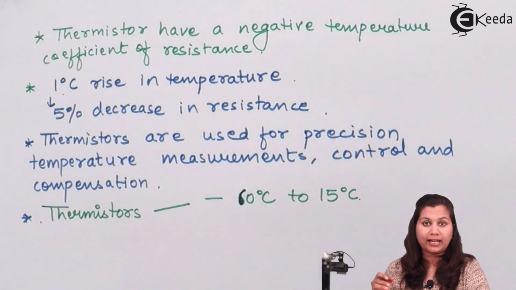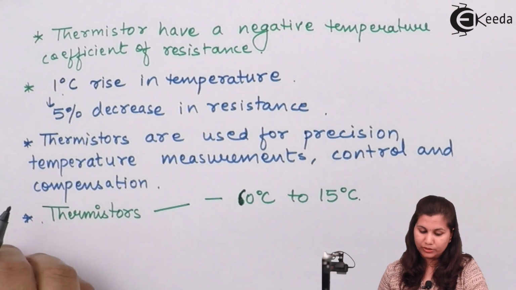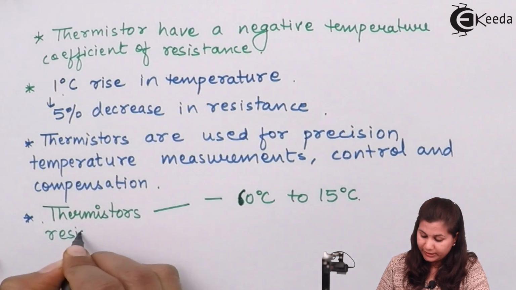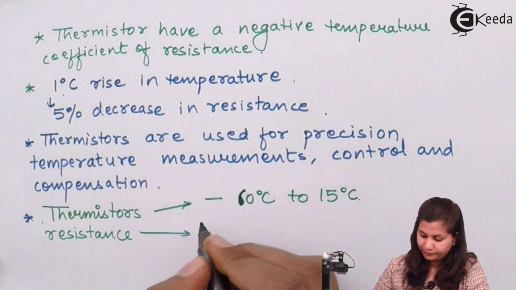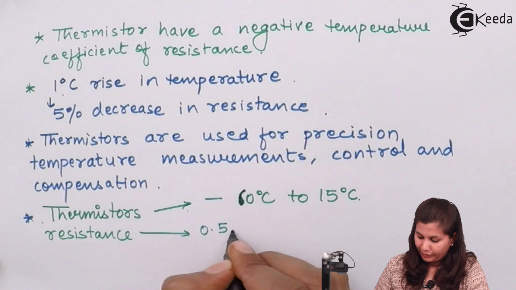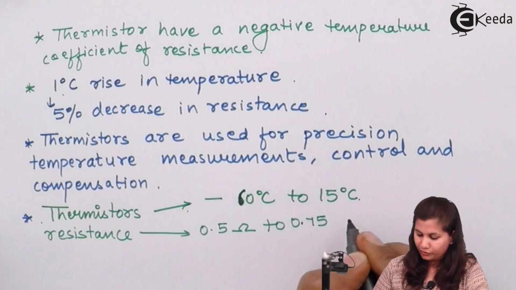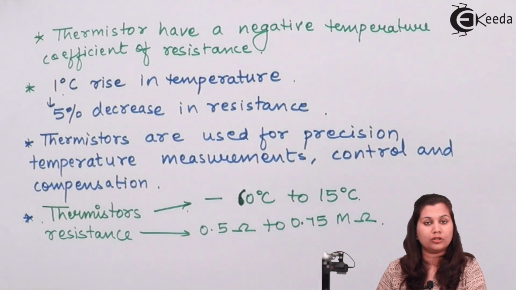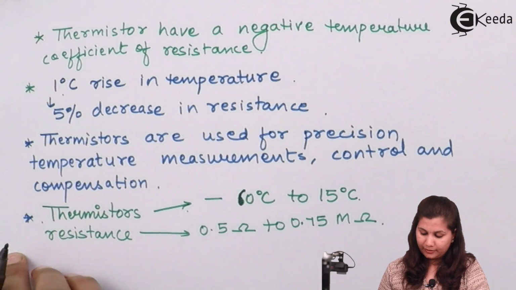So here you can see that in the negative temperature range also the thermistors can be used. Also the resistance of these thermistors is in the range 0.5 ohms to 0.75 ohms. So this is the value of the resistance of the material which the thermistor is made up of.